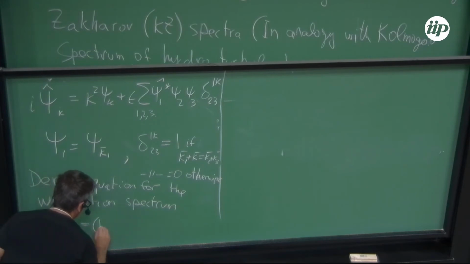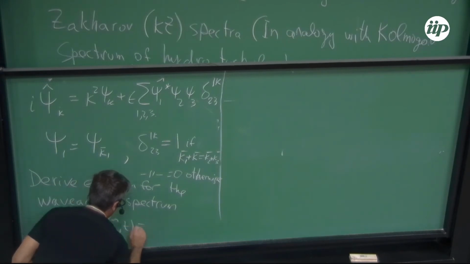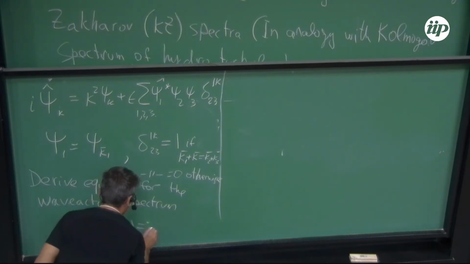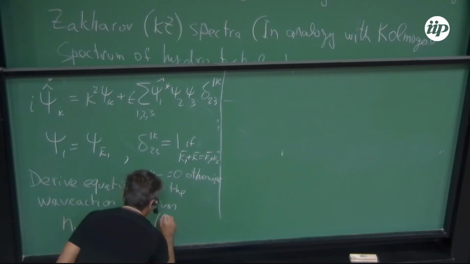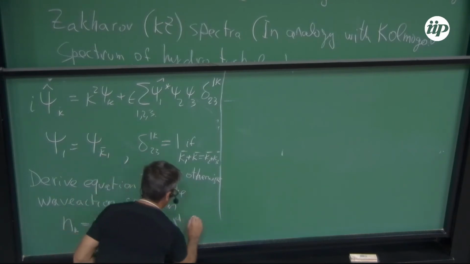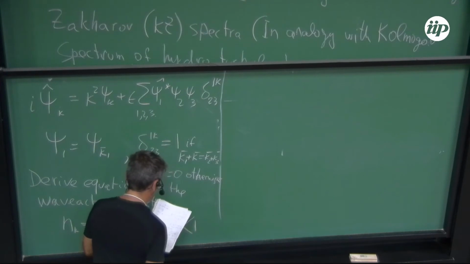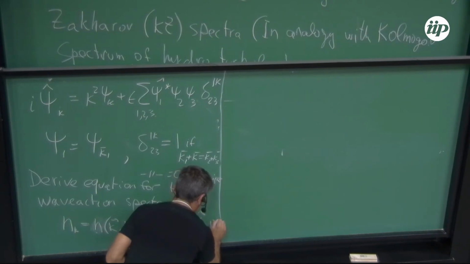Okay, so n of k, and it's also a function of time, right? It's defined as L over 2 pi to the power d times the modulus of psi k squared.